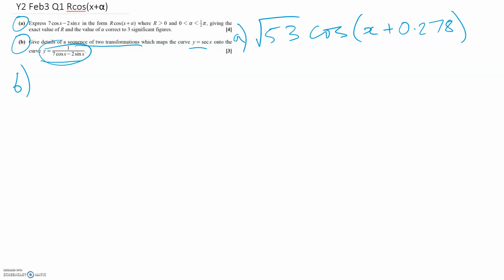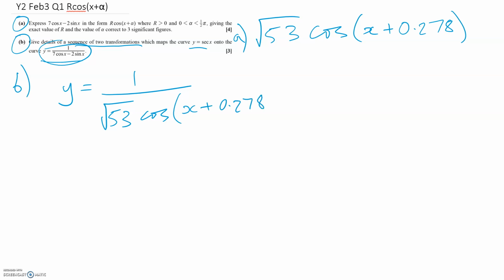In this case, it will do, I think, because you can write y as 1 over root 53 cos(x plus 0.278). In fact, with all of these cos(x plus alpha) or sin(x plus alpha) questions, you're always going to need to use what you did in part A for part B or possibly part C.